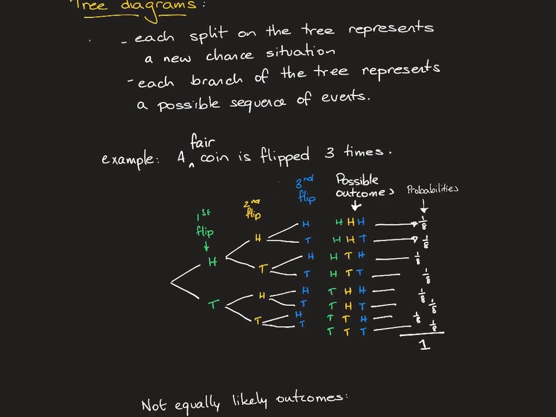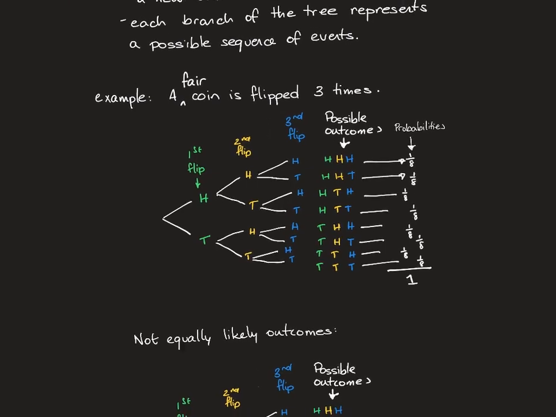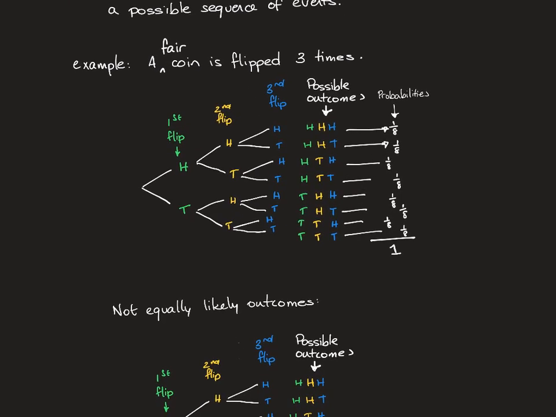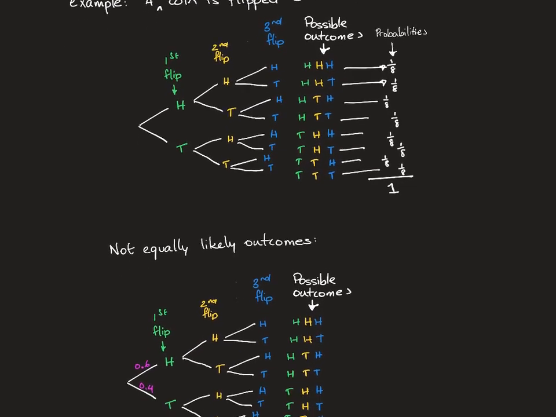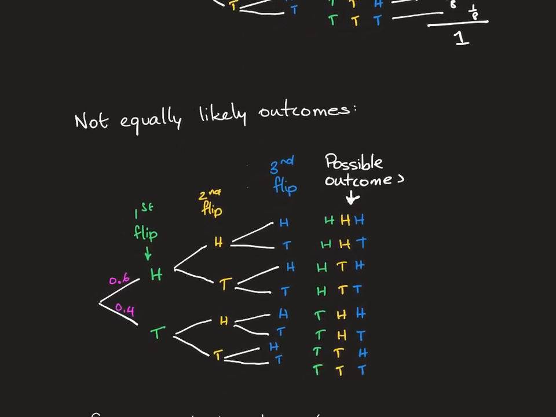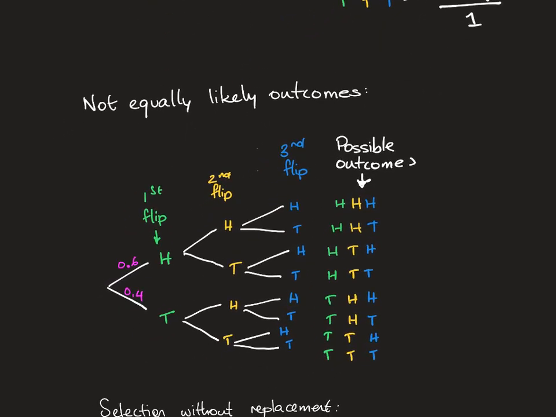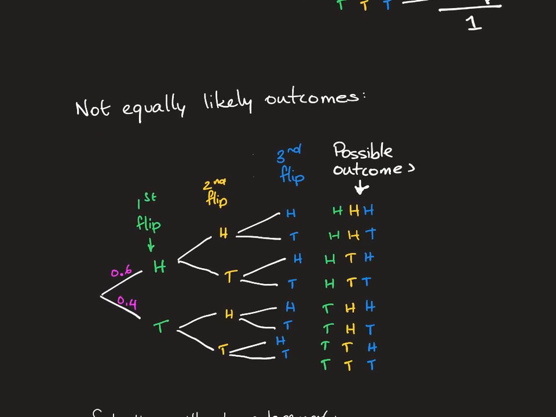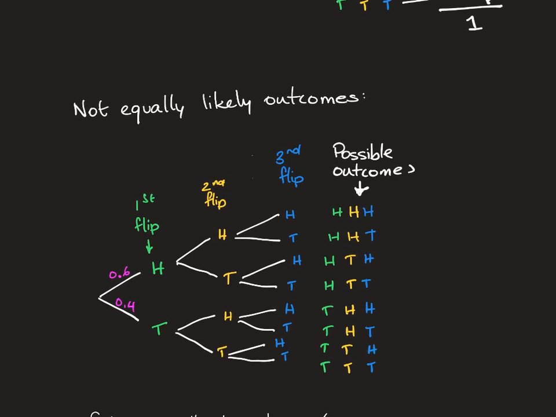If we have a situation where a coin is not a fair coin, so each side doesn't have the same chance of being chosen, then what we get is a tree with different probabilities for each split. And so you can see here I've got on the first flip, probability that it will be heads is 0.6 and the probability that it will be tails is 0.4.